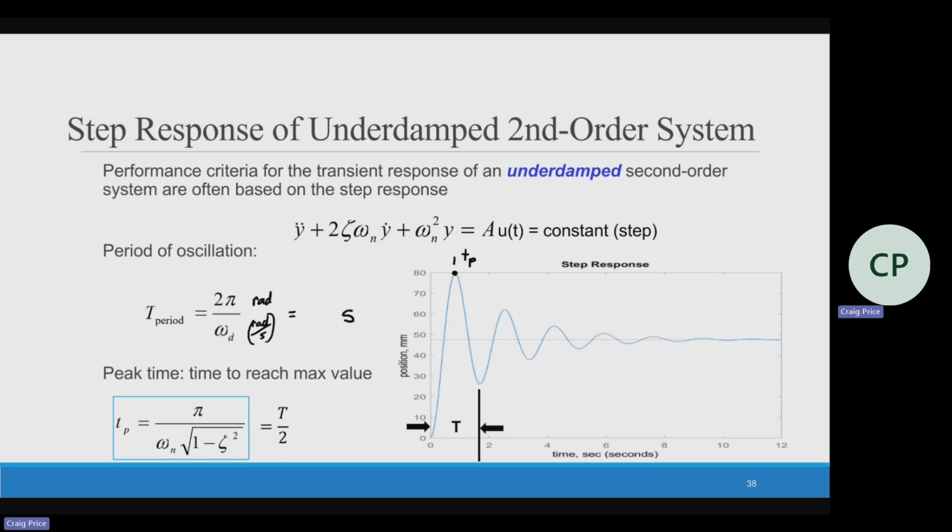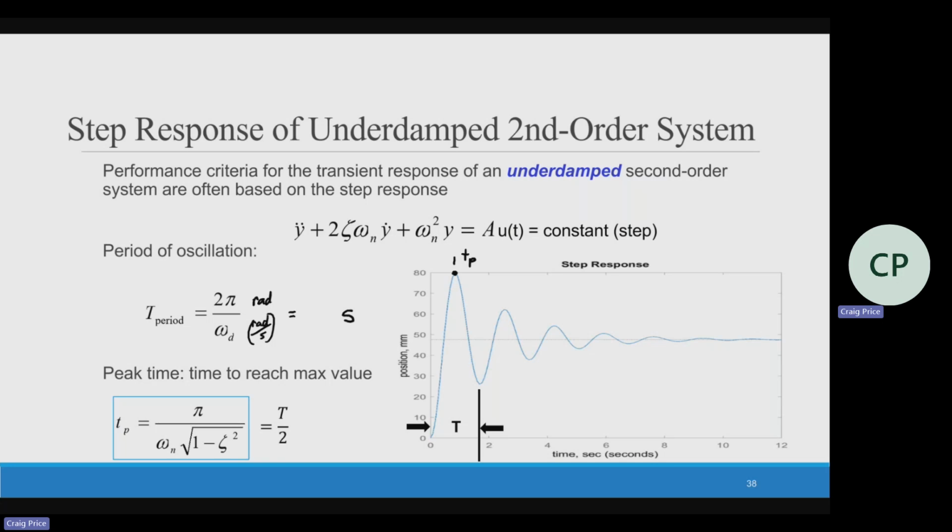Typically, I start at time 0. So the period would be from time 0 to the time when I hit that first valley. So from valley to valley, that is 1 period of oscillation. That's just 2 pi radians, because that's 2 pi per cycle, divided by the damped frequency.